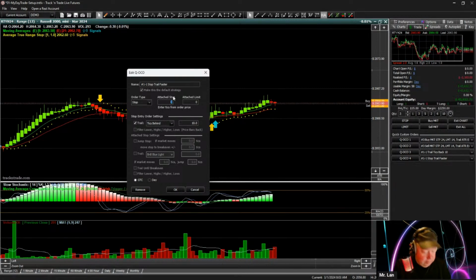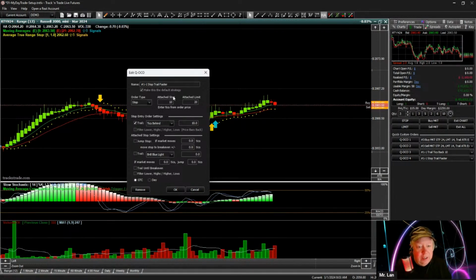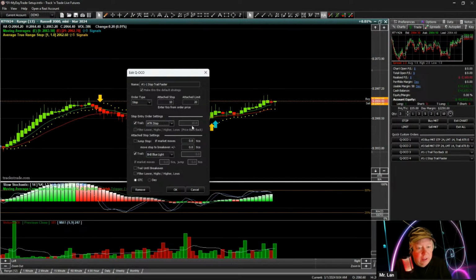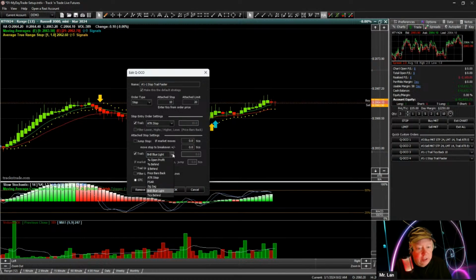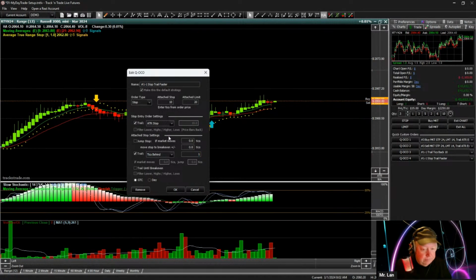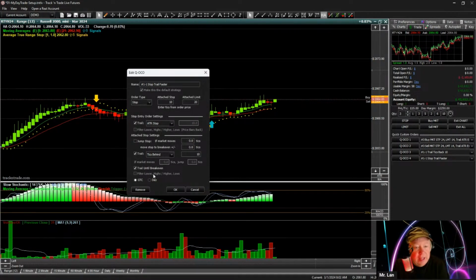And we said stop 10, 20, ticks behind 10, trail ATR. Oh no, we said we were going to trail ATR for entry. We're going to trail ATR for entry and we're going to trail ticks back for exit, 10 ticks back, and we'll trail until break even. How's that?